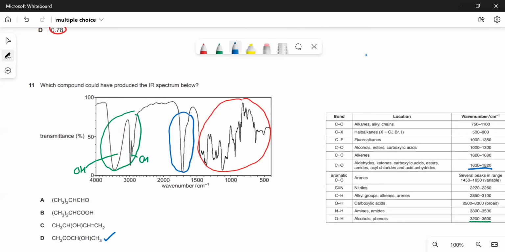Some people may think that this is due to a carbon-carbon double bond because it is pretty close. But if you check, it's a little bit too high. It's about 1700, a little bit too high for alkenes, okay?